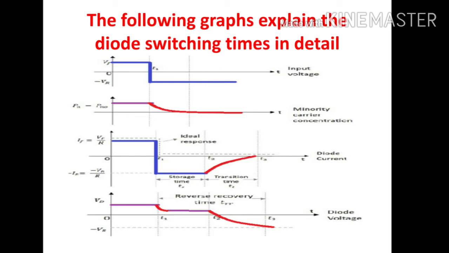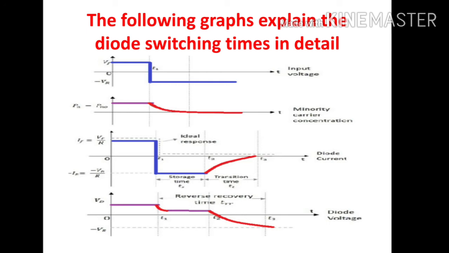And the second graph indicates the minority carrier concentration. So we see a red slope over there where it is getting degraded. So that region will be taken as the switching lag time, where it is taking some time to go into reverse bias.